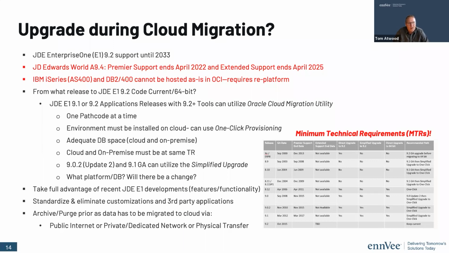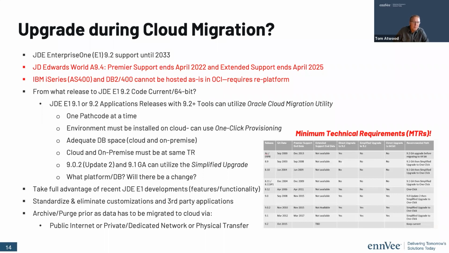If you can do that prior to migrating, it reduces the amount of data that you have to push over a public internet or a private dedicated network, or even if you're shipping a network device with all your data as part of this process. The less data that you have, the quicker this whole process is going to be. So it's a really good time to think about archiving and purging prior to an upgrade.